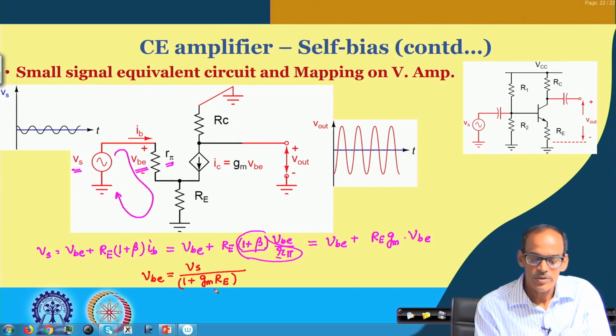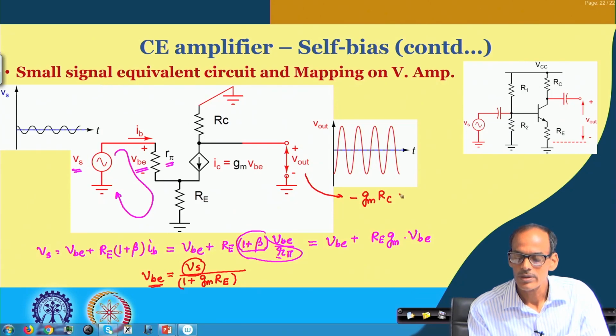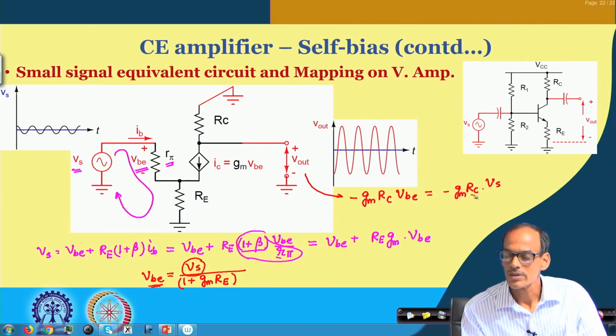So, interestingly, depending on the value of this R_E, we can see that V_BE is rather a small fraction of V_s. Whatever it is, the output voltage we said equals minus g_m R_C into V_BE. So, that becomes minus g_m R_C into V_s divided by (1 plus g_m into R_E).